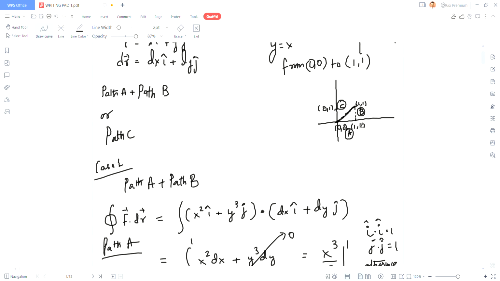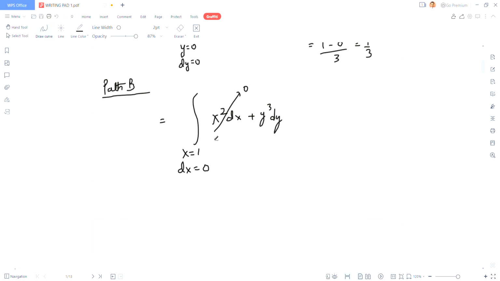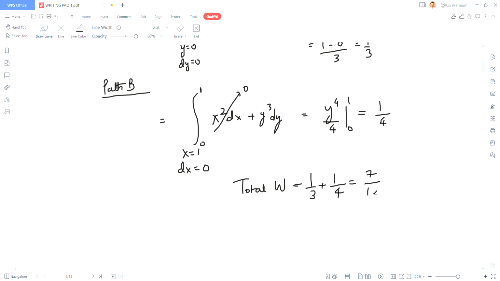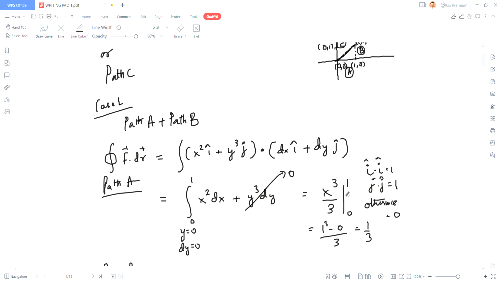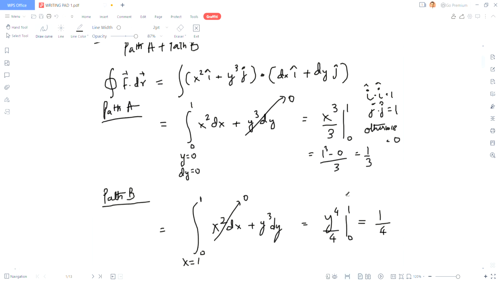So finally we get y to the power 4 by 4, ranging from 0 to 1, or again 1 by 4. When we add them, path A plus path B, our total work is 1 by 3 plus 1 by 4, which is equal to 7 by 12. This was case 1, when we have chosen just path A and path B.